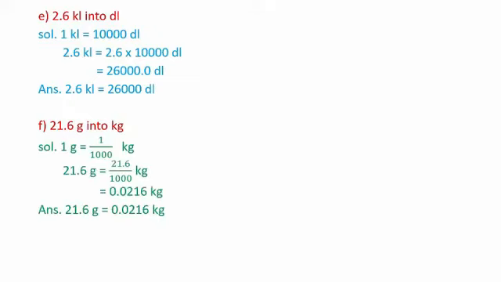So converting 21.6 gram into kilogram, we need to divide it by 1000. So 21.6 divided by 1000 will give you 0.0216 kilogram. The answer is 21.6 gram equals 0.0216 kilogram.